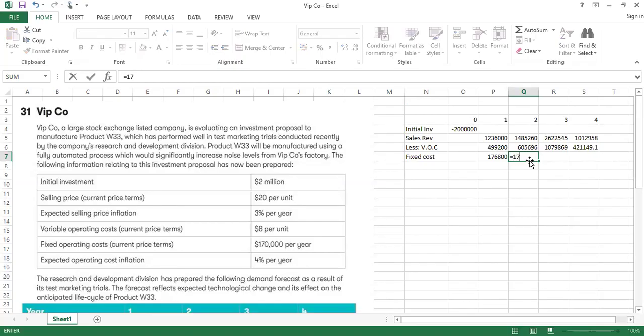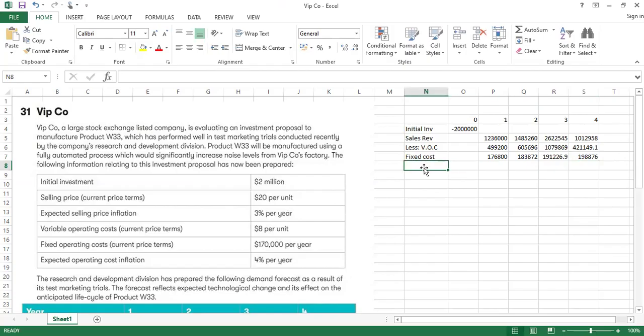So the same 170,000 into 1.04 raised to power 2, then 170,000 into 1.04 raised to power 3, then 170,000 into 1.04 raised to power 4.